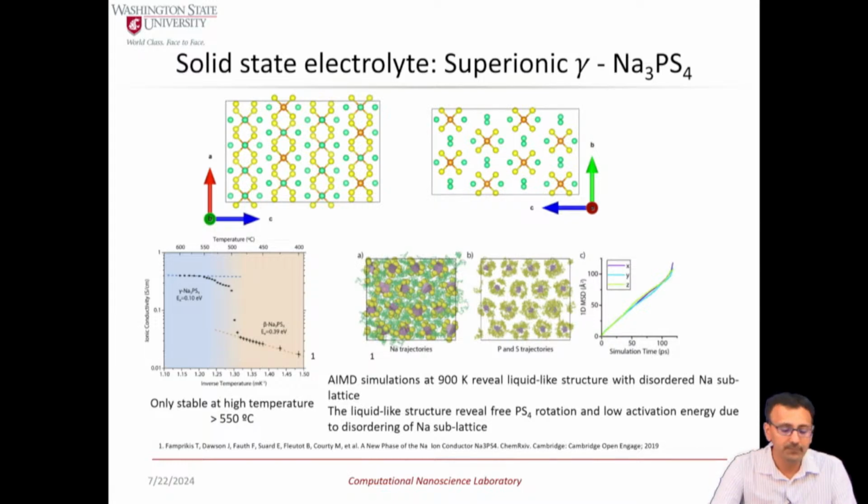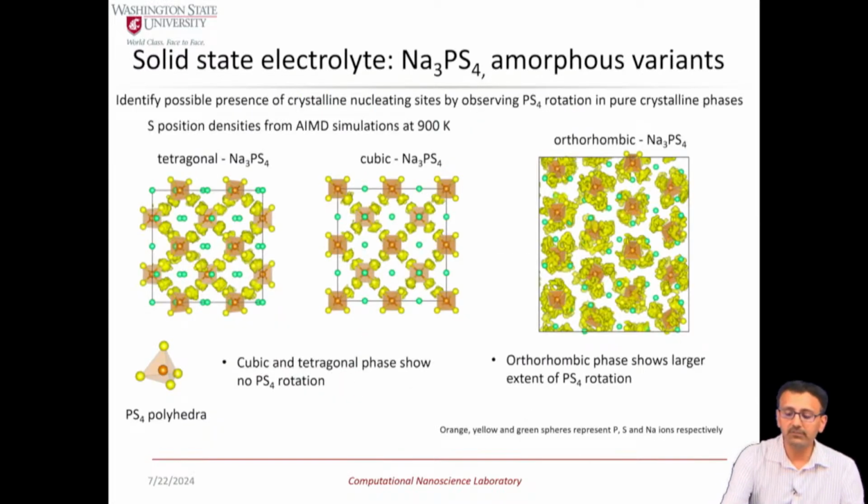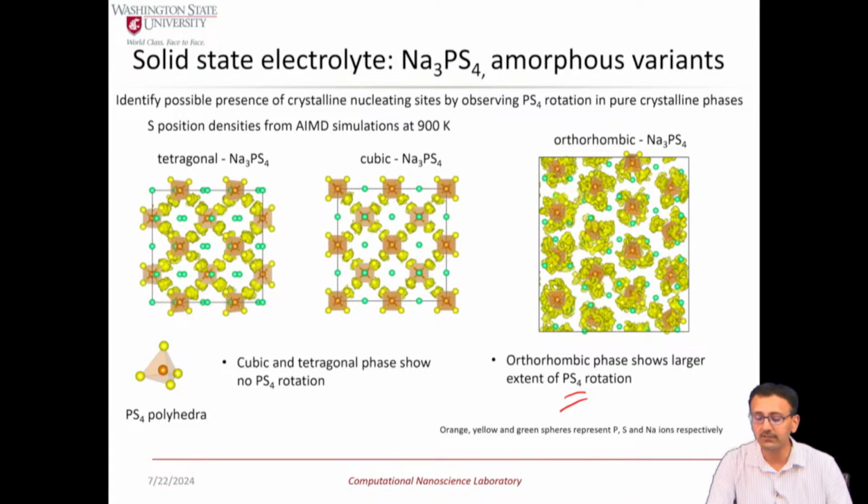is pretty low. On the other hand, some recent work shows that the orthorhombic phase, which is the gamma phase, which is not stable at room temperature, has relatively high ionic conductivity, because these comprise PS4 tetrahedral units, and these tetrahedral units at slightly elevated temperatures show quite a bit of rotational effects. You can capture this from this location map here for the different ions.